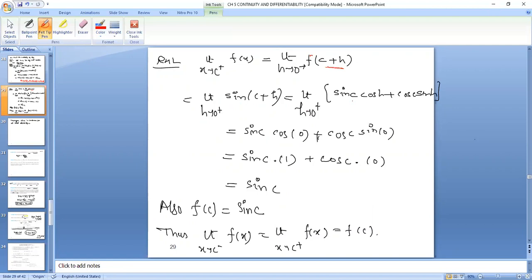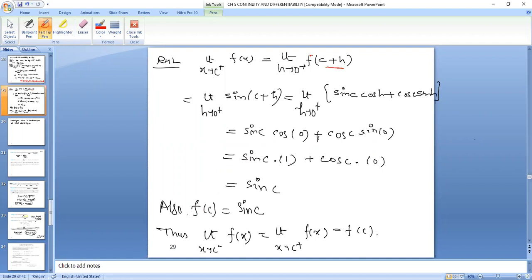We will apply the formula sin of a plus b equals sin a cos b plus cos a sin b. So we will be having sin c cos h plus cos c sin h. So it will be sin c cos 0 plus cos c sin 0, right? So cos 0 is 1, sin 0 is 0. So we are getting the value sin c.